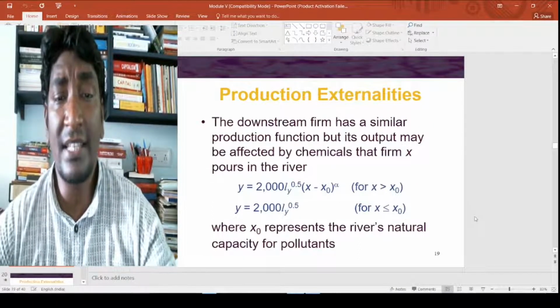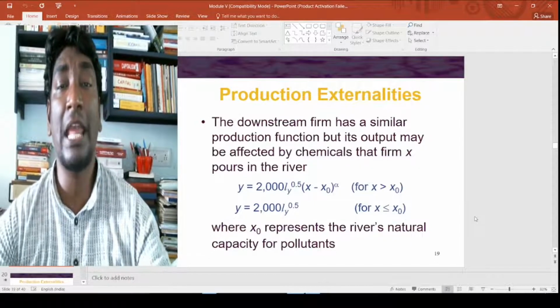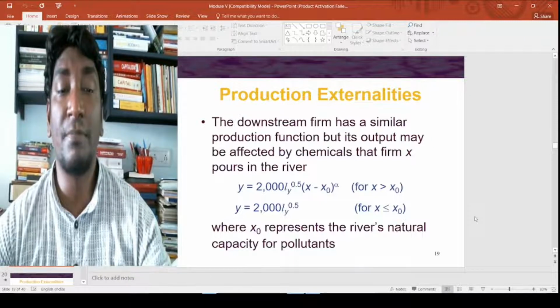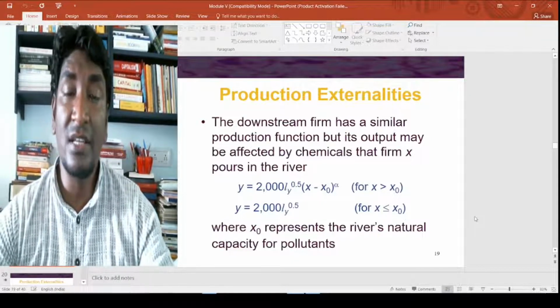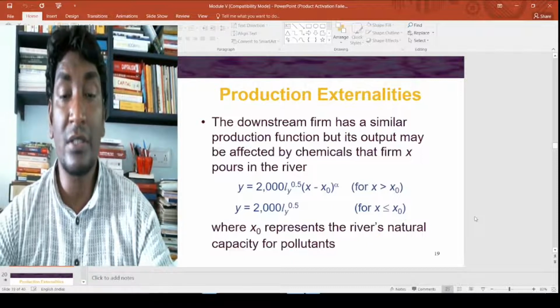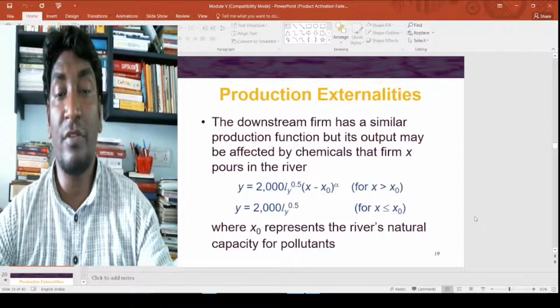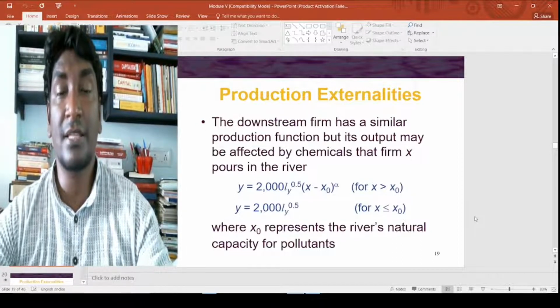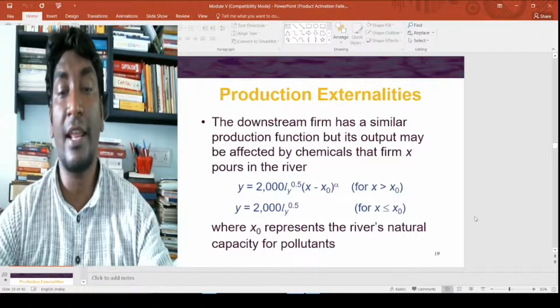The downstream firm has a similar production function, but its output may be affected by chemicals that firm X pours in the river. That is, y equals 2000 Ly to the power 0.5 times (x minus x0) to the power alpha, for x greater than x0.